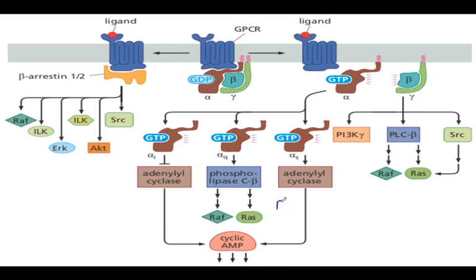So PIP is converted into PIP3, which is converted into IP3 and diacylglycerol.